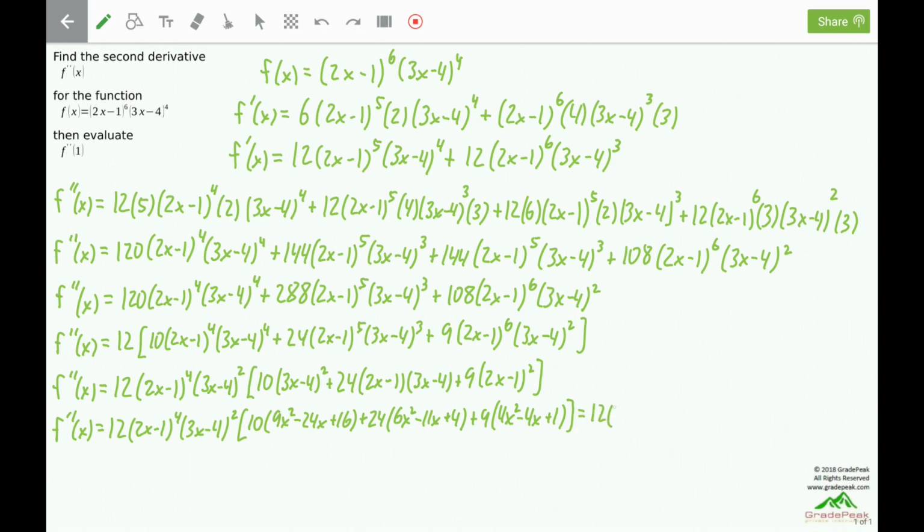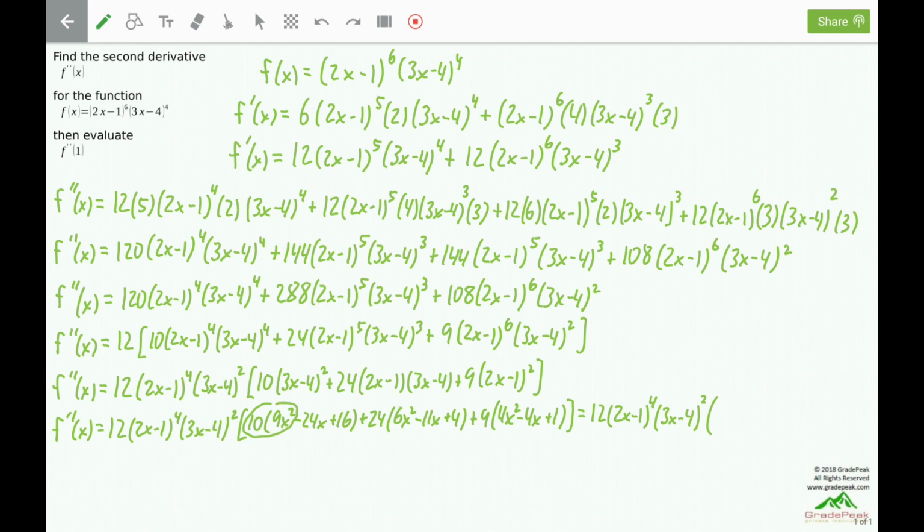So we have a 12 times 2x minus 1 to the 4th times 3x minus 4 squared times, now for our x squared terms, we can combine everything now.